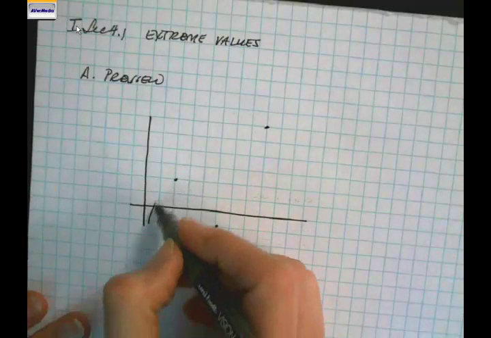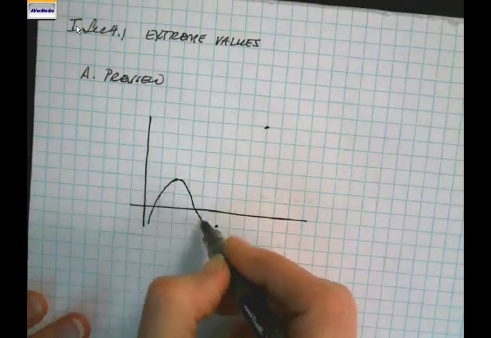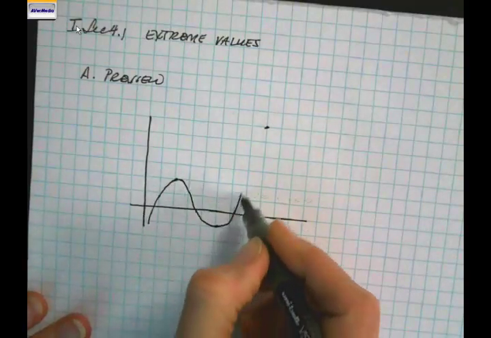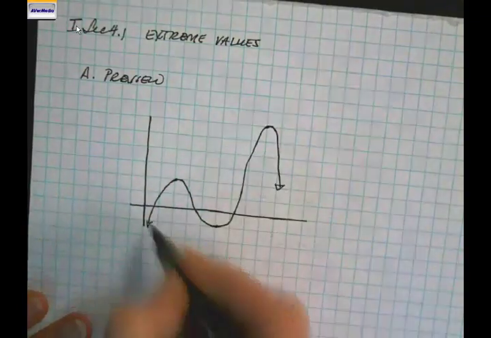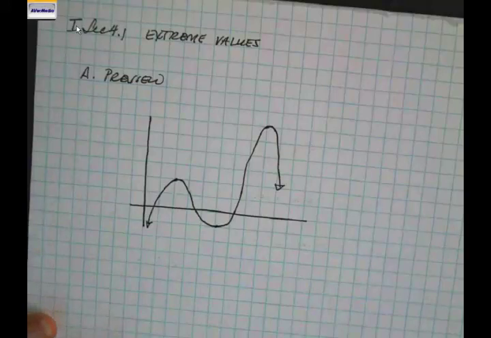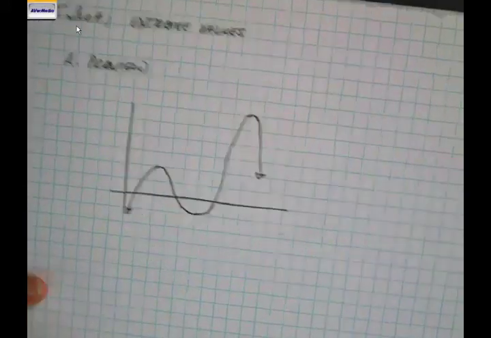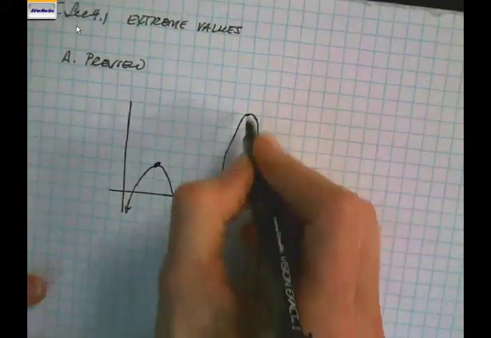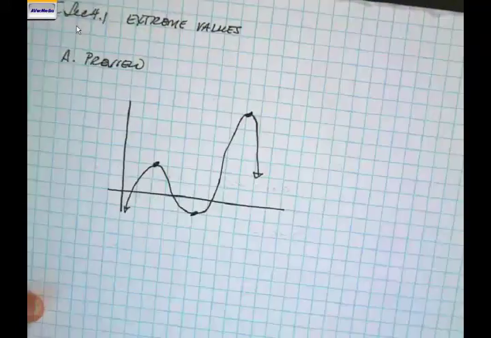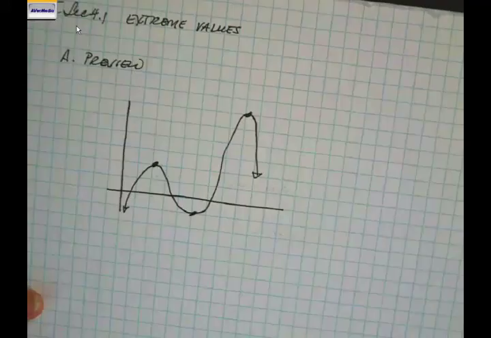So something like this. Okay, something like that. And so these kind of peaks and valleys are considered your local maxes and your local mins.